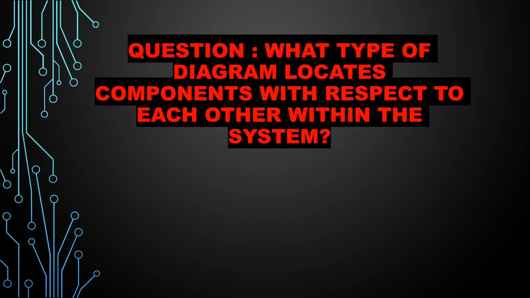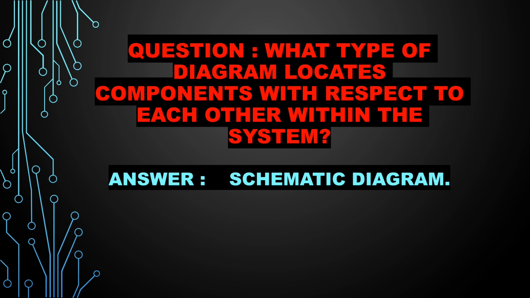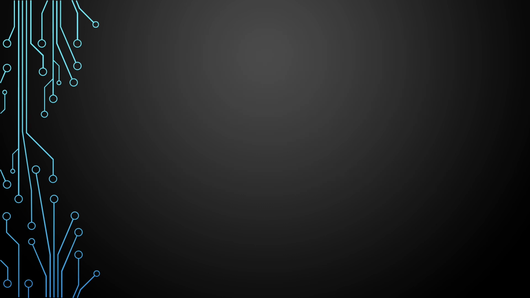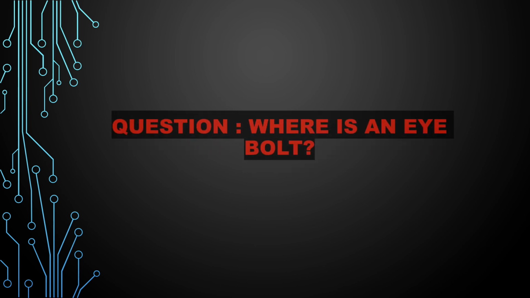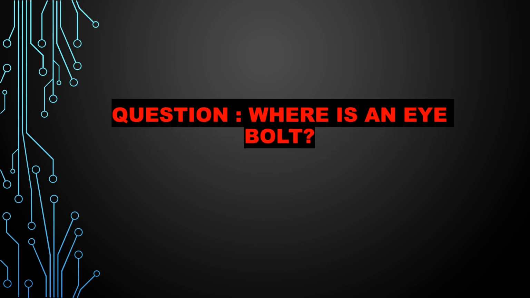Question: what type of diagram locates components with respect to each other within the system? Answer: schematic diagram. Question: where is an eye bolt used?